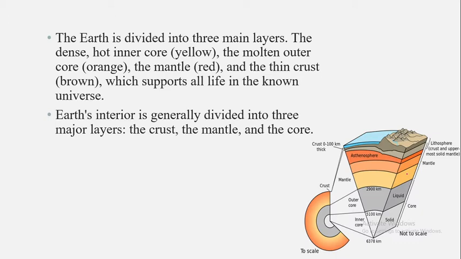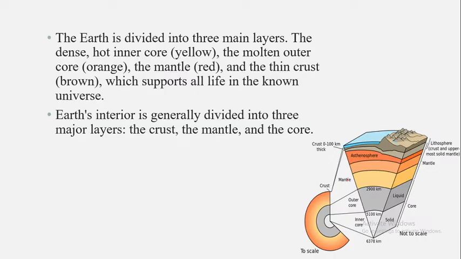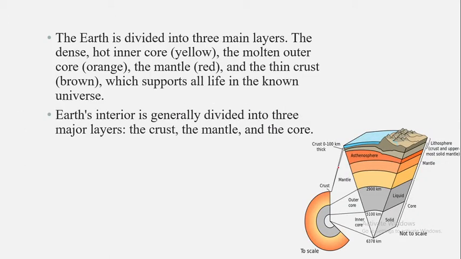That is the dense hot inner core, shown in yellow color, just below here. Then the molten outer core, shown in light orange. Then the mantle, the red portion in the image.